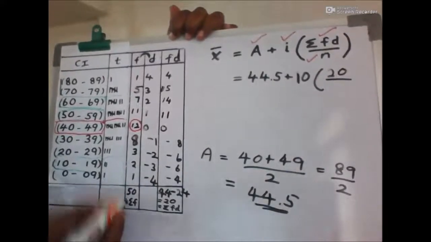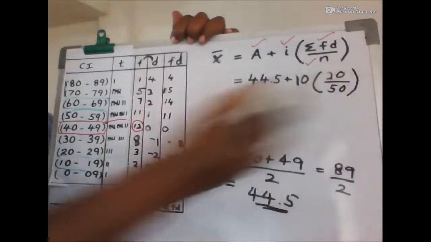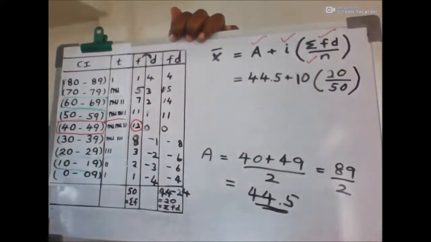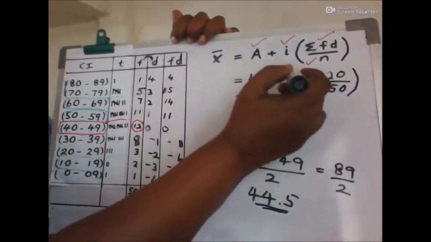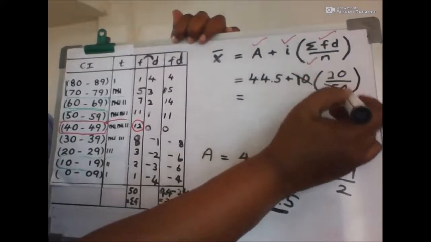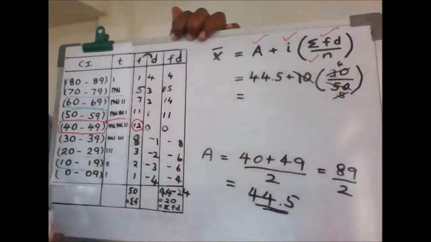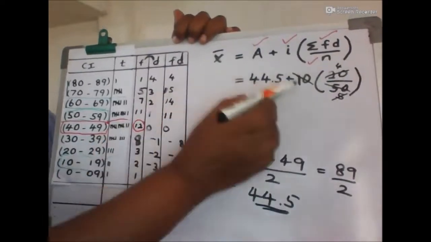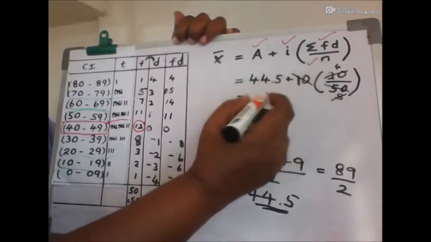N means summation F, 50, total number of students. Okay, now we do the calculation. Here it's 10, 5. Here it's 5, 4.